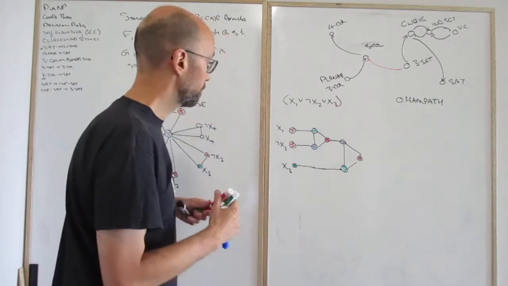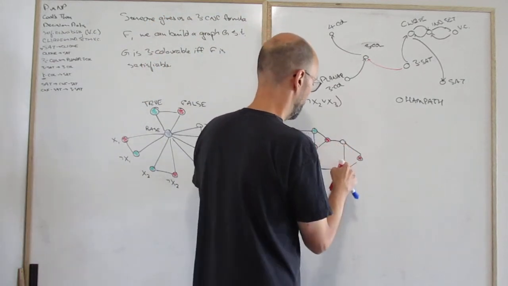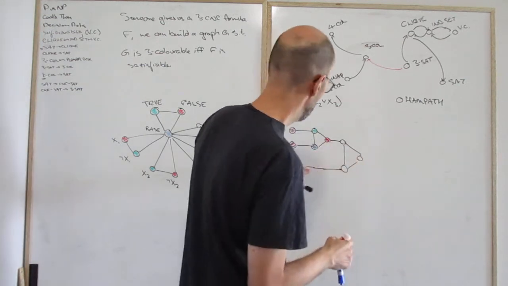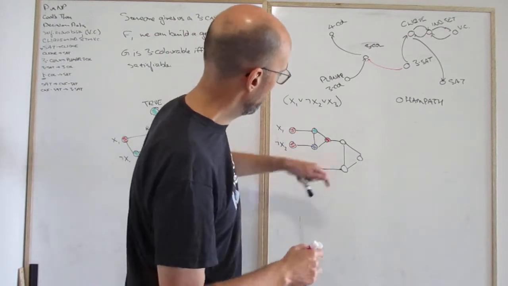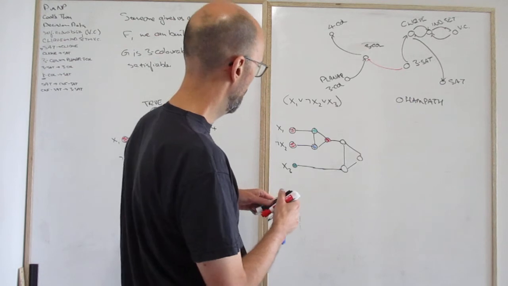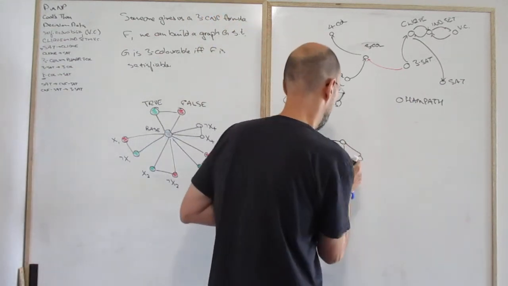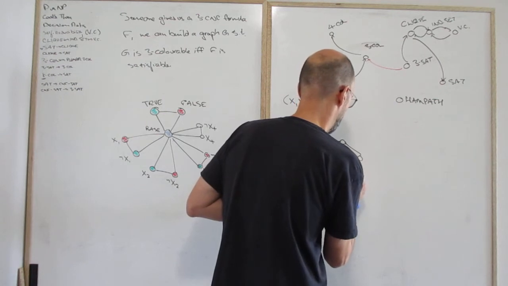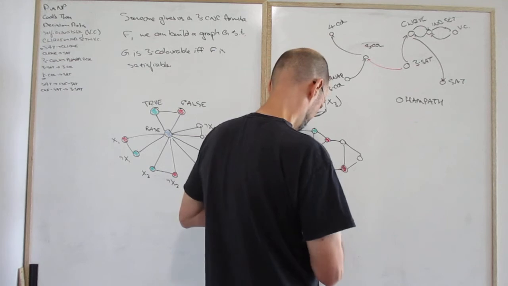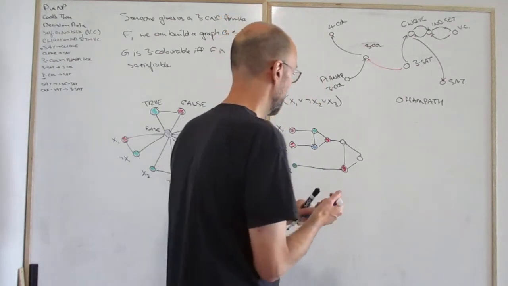So now this still has to be red. But now we have a red and a green, so we can put a red here, and we can put a blue here.